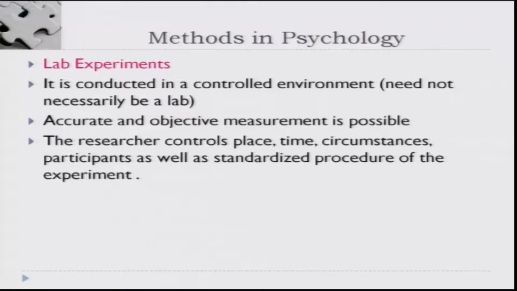Now, in lab experiments, you have a controlled environment, but there could be cases where you still have better control over the environment, but it need not be a lab setup actually. But the experimental method gives you accurate and objective measurement, and second, the researcher has big control over place, time, circumstances and participants, and the process of the experiment is usually very standardized.